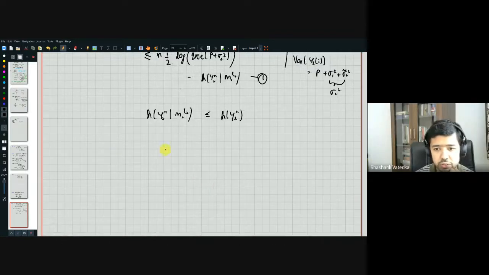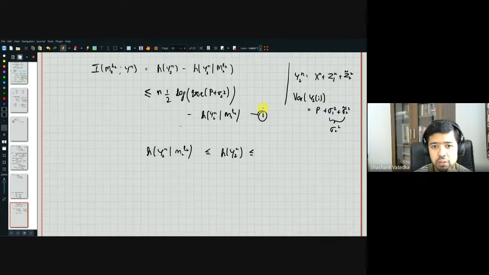So conditioning also reduces differential entropy. But h of y2n, as we've just seen, is less than or equal to half log 2 pi e times p plus sigma 2 square.